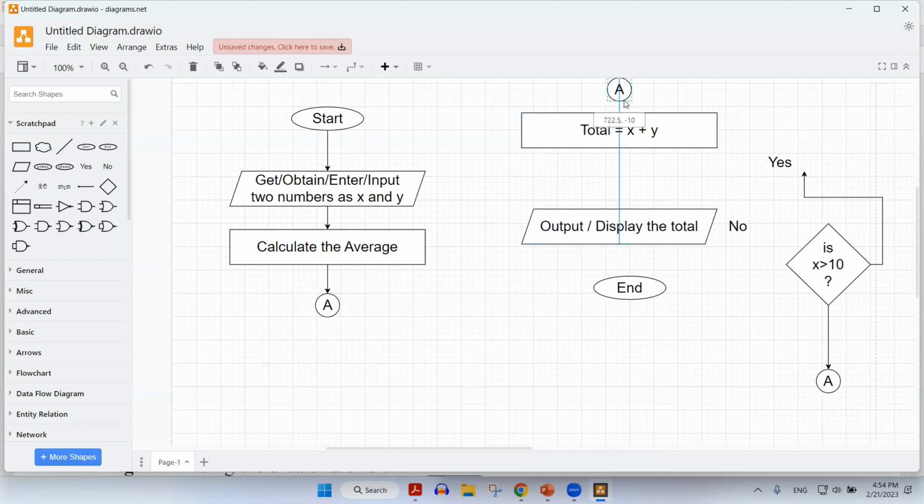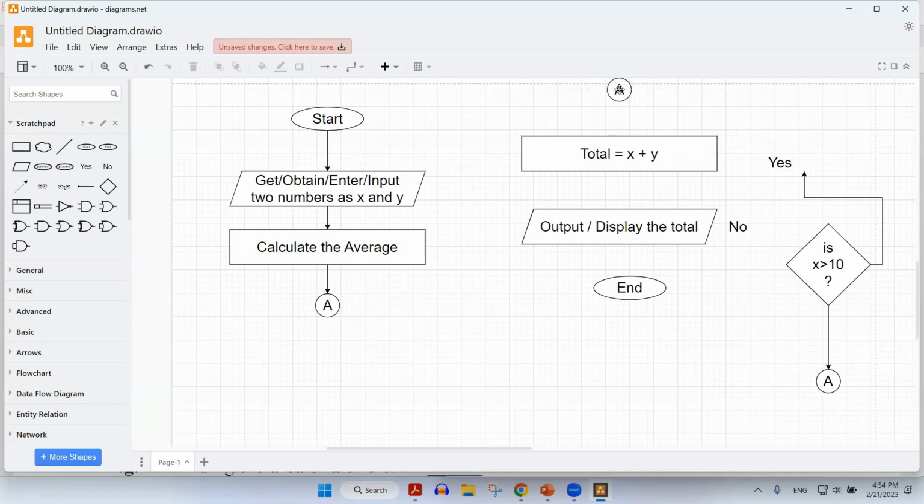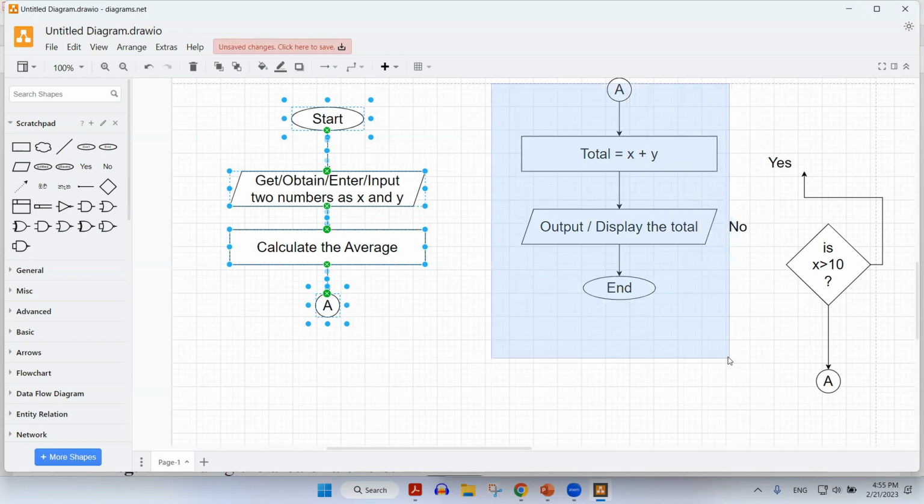I'm using the connector over here. So it's like this. If this part is considered to be one page, and this part the next page, it indicates how this flowchart is connected, and from where it is connected. Likewise, you can use the connectors.